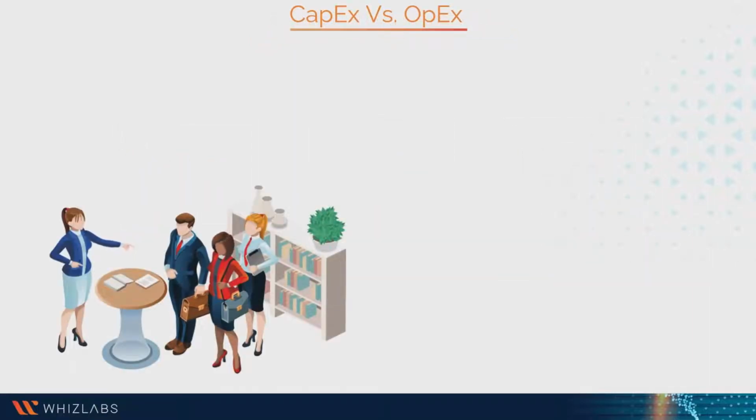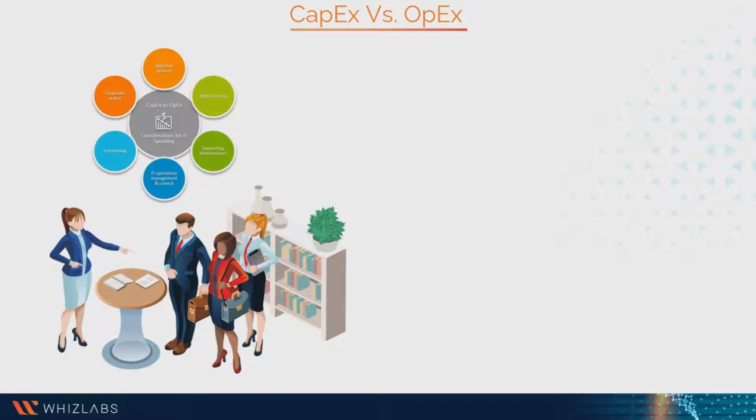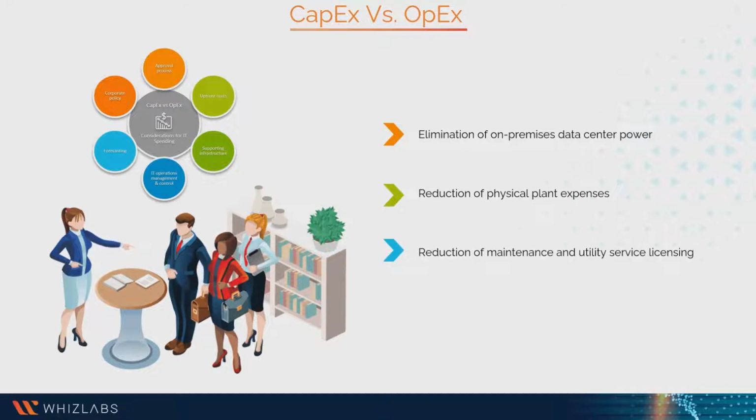It is quite difficult to make a direct comparison between the traditional CapEx model most IT organizations use for hardware and the OpEx model of paying for virtual machines on an hourly basis. However, there are some benefits that can be included in an ROI estimate for Google Cloud services, like elimination of on-premises data center power, reduction of physical plant expenses, reduction of maintenance and utility service licensing.